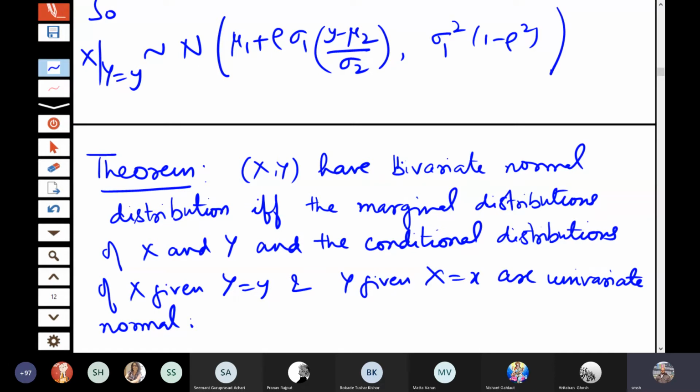The proof of this is of course obvious because I have already done the derivation here, so you know the proof. Is that okay?